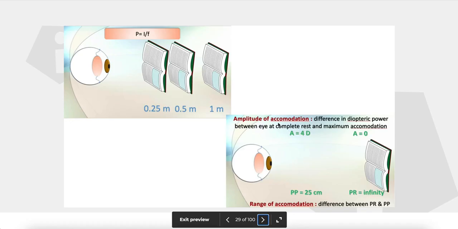Then the amplitude of accommodation will be the difference between the power of the eye at rest and the power at maximum accommodation, which is 4 minus 0, so 4 diopters. While the range of accommodation is the distance between the punctum proximum and the punctum remotum, which here is the distance between 25 centimeters and infinity.